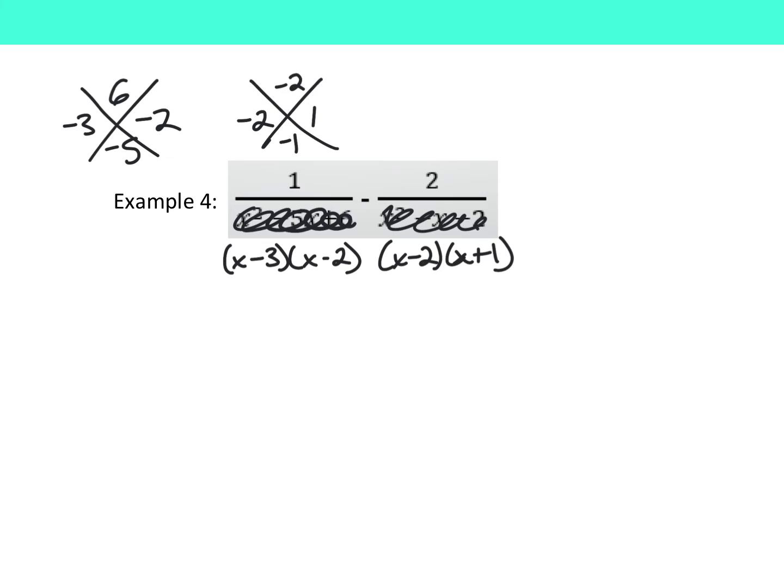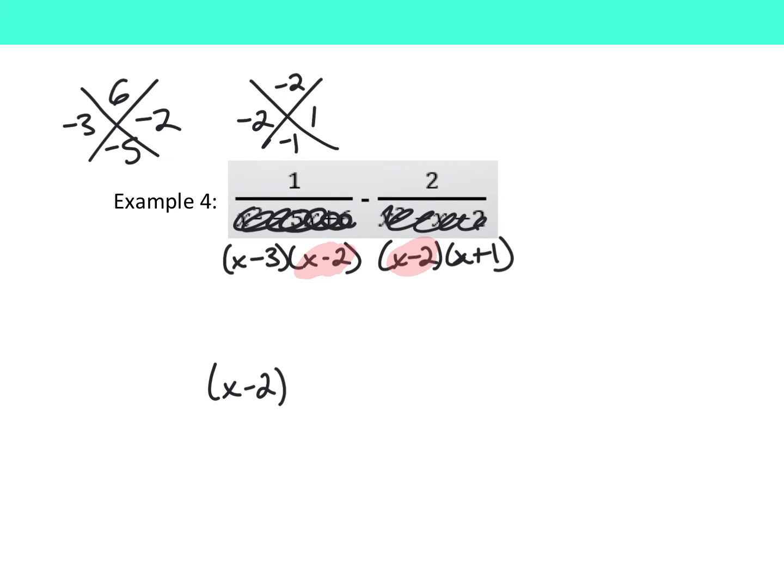So now we look and we try to find a common denominator. Any guesses on what that's going to be? A couple of us got it. Negative 2. Okay, so they both have x minus 2, right? Yeah. Okay, I would agree with that because I can look here and see they both have x minus 2, so I just need to have that one time. Okay.